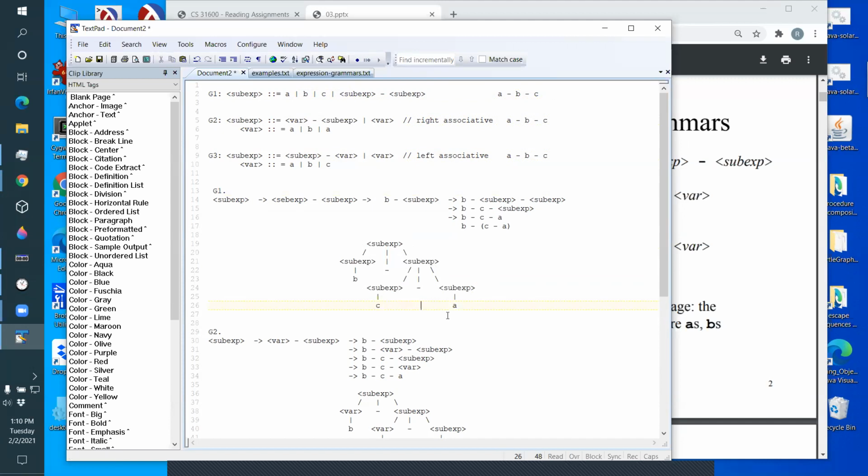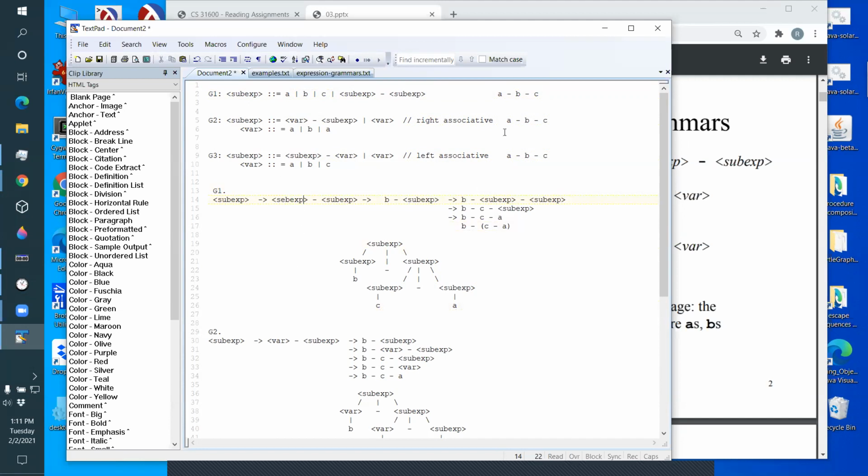You can do that yourself. Just essentially flip this tree over a little bit. Okay, but you have to change the steps of the derivation. You change the steps of the derivation a little bit. Instead of expanding this one into the letter, you expand this one into this and expand this one into the letter A. So instead of expanding this one into B and then expanding this one into a subtraction, expand this one into the letter A and make this one into the subtraction, and then it'll group it the other way.